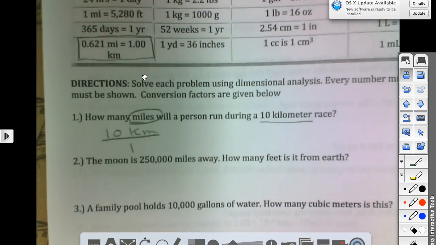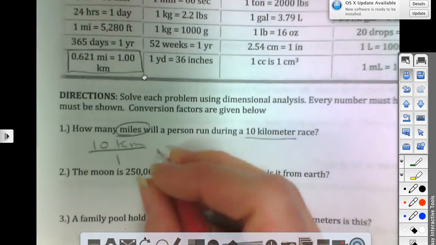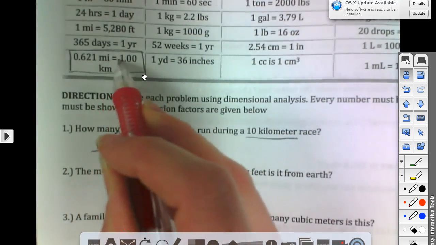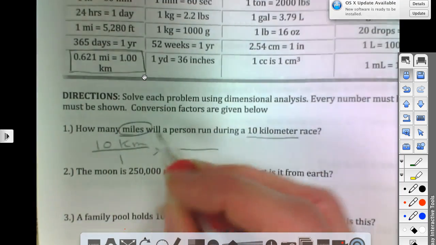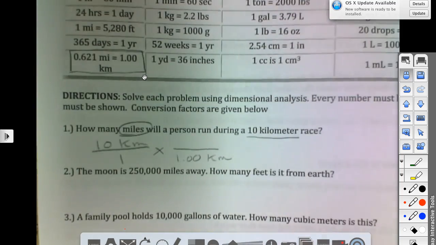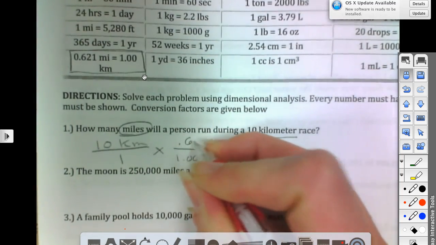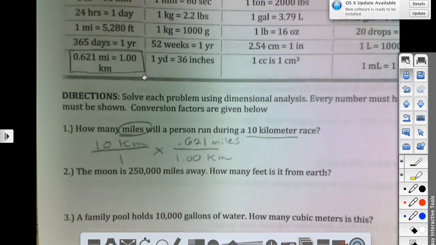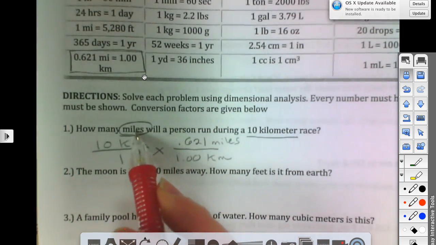It's just place-holding, my numerator here. Now, I need this to work for me so that kilometers is on the bottom. So I have 1.0 kilometers, and that is 0.621 miles.